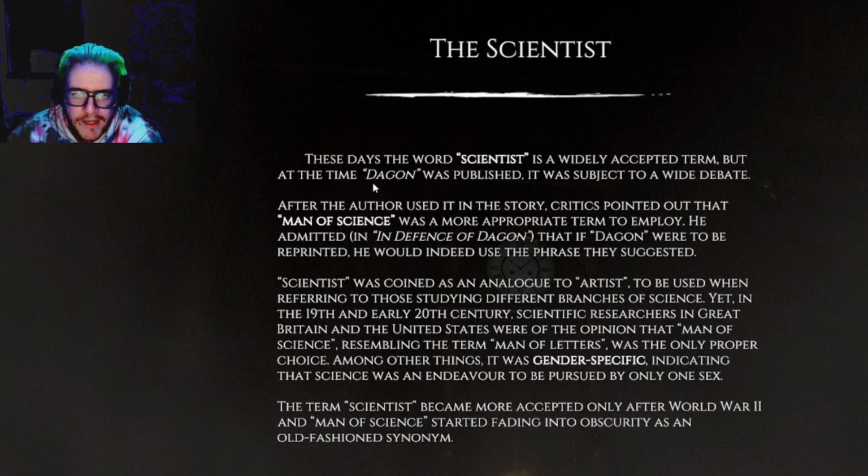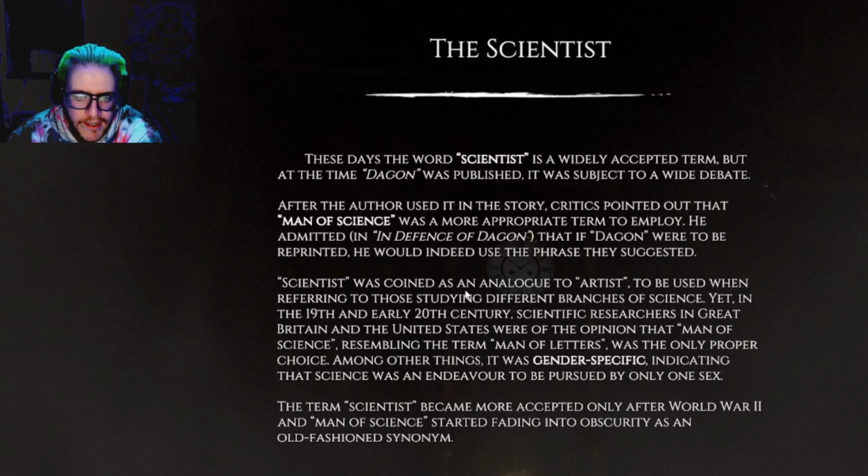But at the time Dagon was published, it was subject to a wide debate. After the author used it in the story, critics pointed out that man of science was a more appropriate term to employ. He admitted, in defiance of Dagon, that if Dagon were to be reprinted, he would indeed use the phrase they suggested.